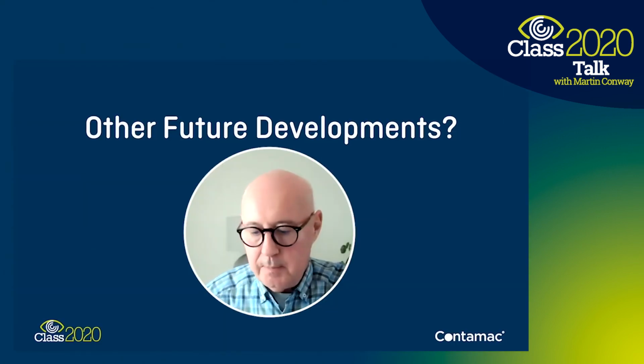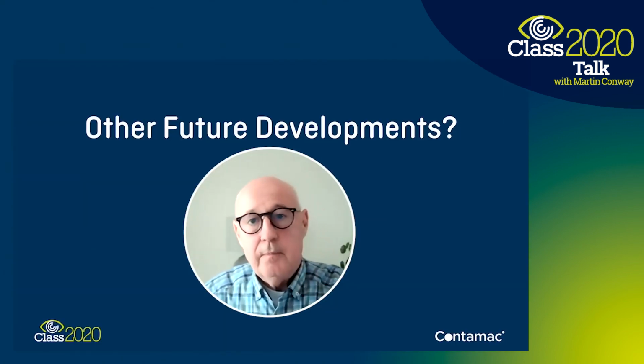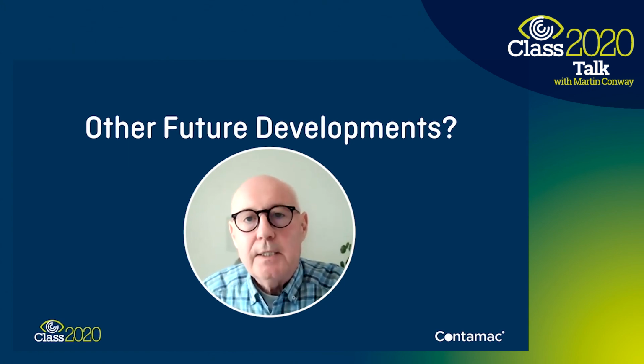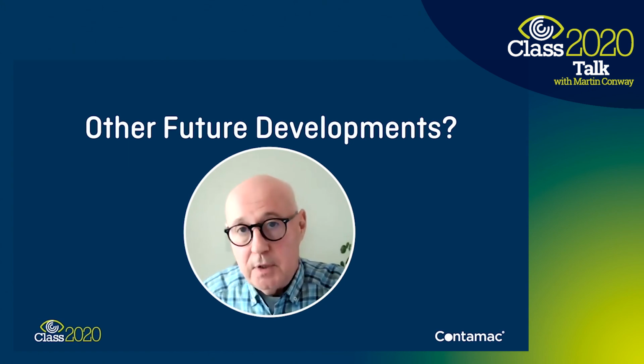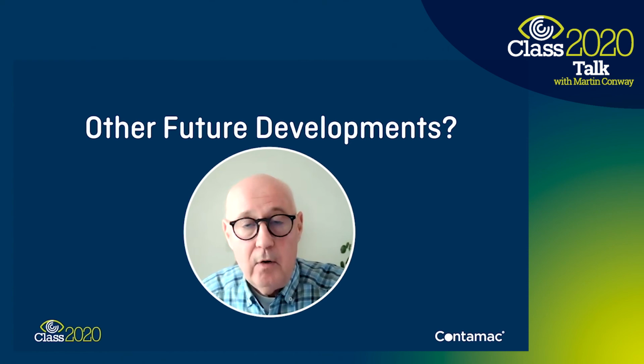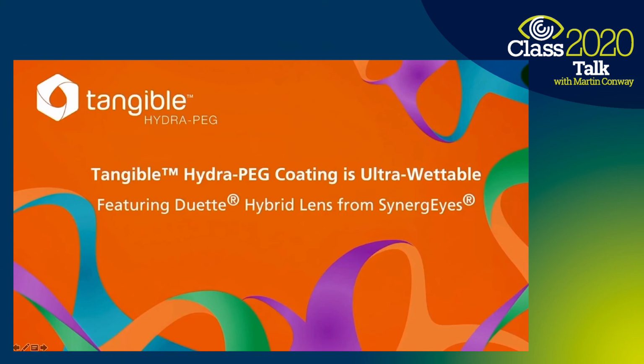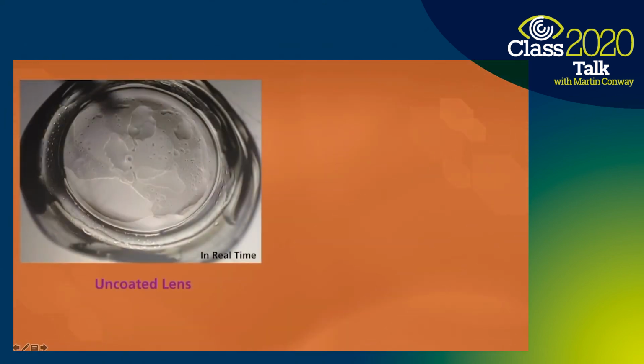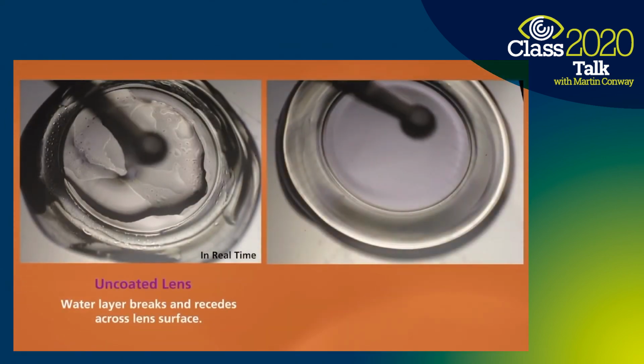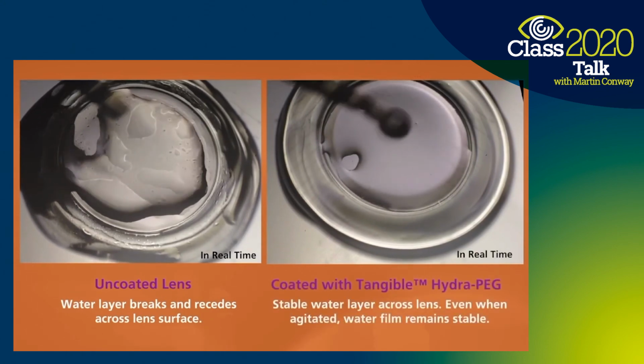Okay, we've looked at material developments coming in the near future. Let's have a look and see if there are any other future developments that we need to be aware of in the field of RGP materials. A recent development is the treatment of the surface of lens materials with revolutionary new hydrophilic coatings, such as the HydroPEG coating.